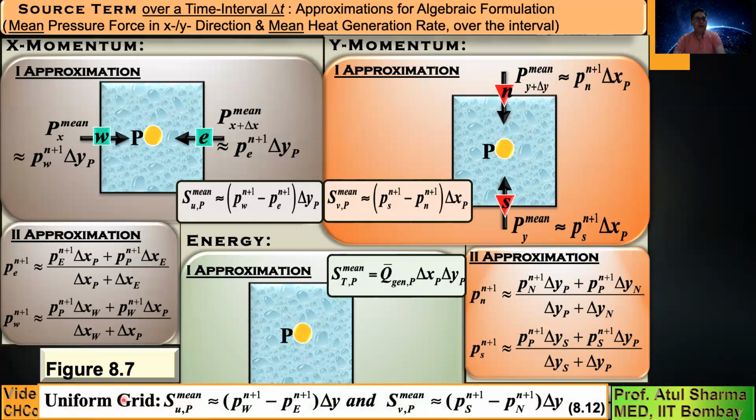So if it's a uniform grid, then this P small e becomes equal to P capital E plus P capital P divided by 2. Okay, so here it's very similar to what we have done in the mass conservation law, where I mentioned that when you apply the mass conservation law using linear interpolation, especially for a uniform grid, then in your mass conservation law, you get small u capital E minus u capital W. So you get velocities at alternate grid points, not the adjacent grid points.